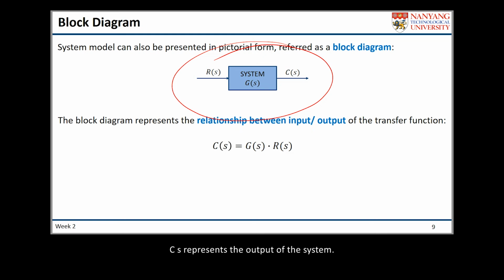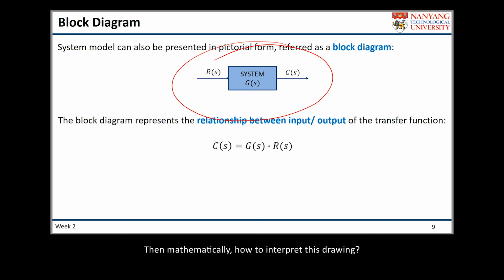C(s) represents the output of the system. So if you look at this simple block diagram, how to interpret this? You just simply conclude that you have a system with a transfer function of G(s). To the system, an input of R(s) is given, and because of this input, the system will give an output of C(s).